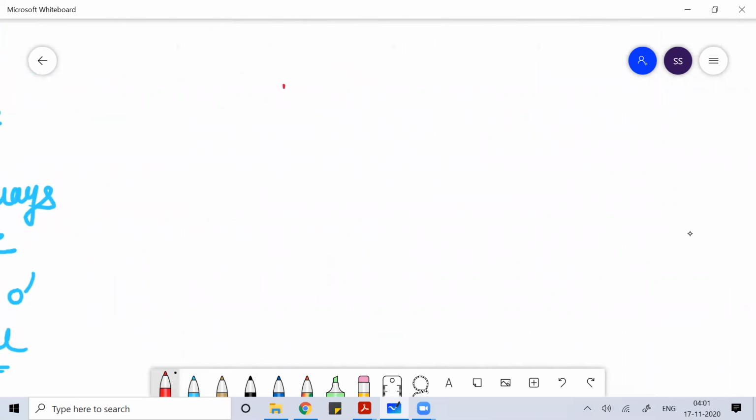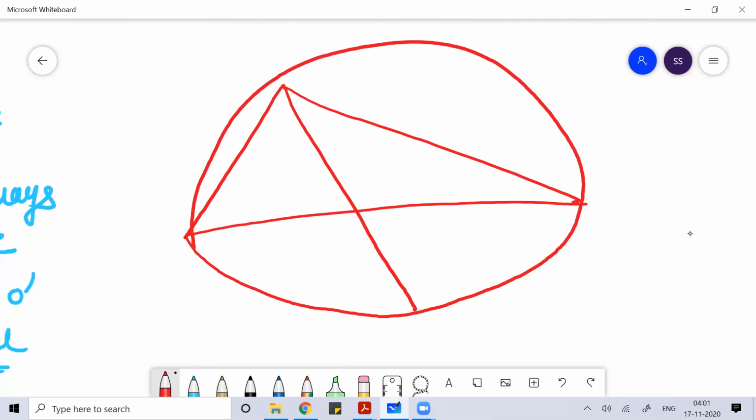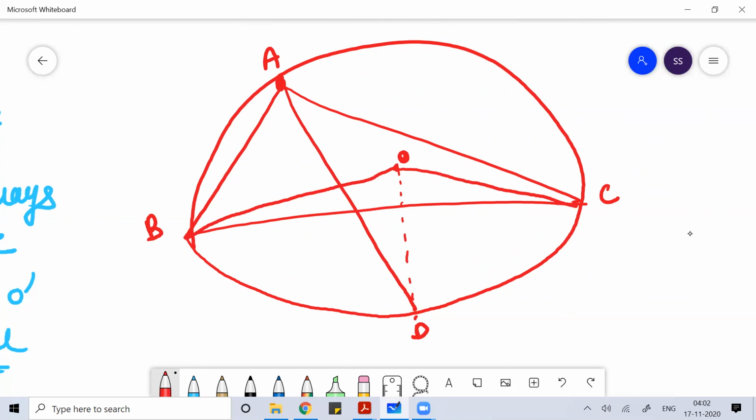So here in this triangle EBC, this is D, and this is O. So O is the center of the circle.